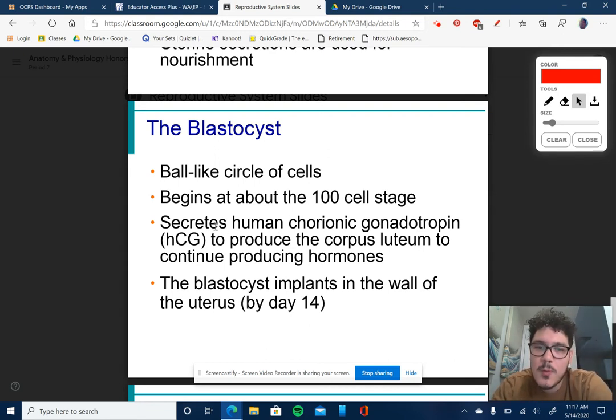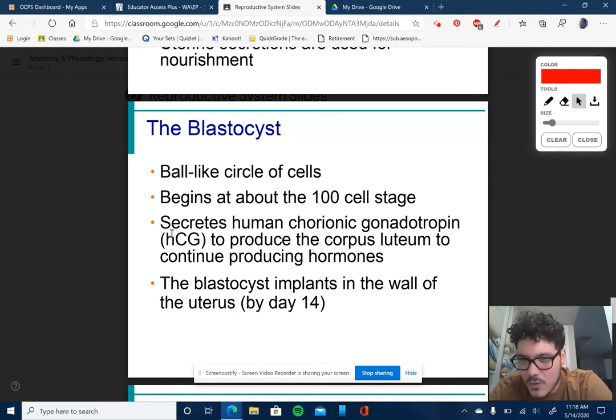It secretes a special protein called human chorionic gonadotropin, HCG, to produce the corpus luteum to continue producing hormones. The blastocyst implants in the wall of the uterus by day 14. So by day 14, that attachment process occurs, and it should basically be on autopilot. It should be able to nourish from the uterus and grow substantially, assuming no problems occur.